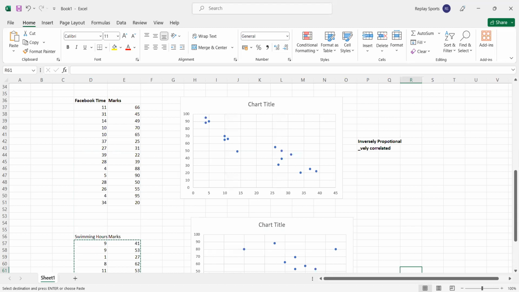Just give me a second. Covariance formula.